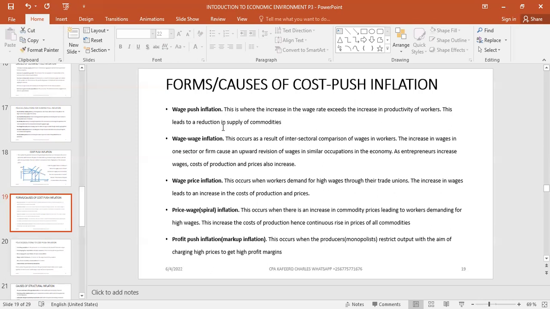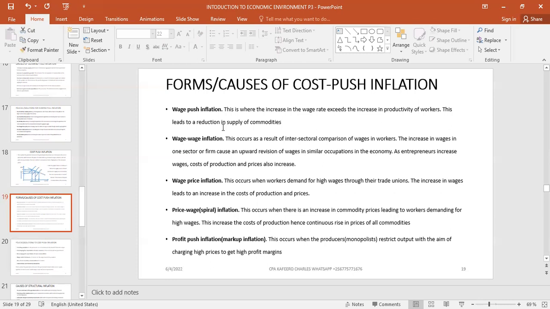The other one, we can talk about wage to wage inflation. This wage to wage inflation occurs as a result of intersectional comparison of wages of workers. This happens if, let's say, these people are working in the same sectors. Someone is working in a manufacturing company, let's say Coca-Cola, and the other one is working in Pepsi-Cola.